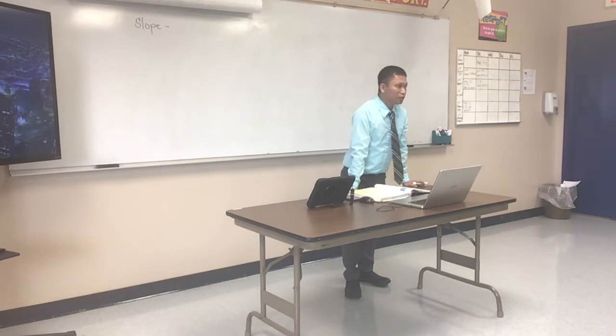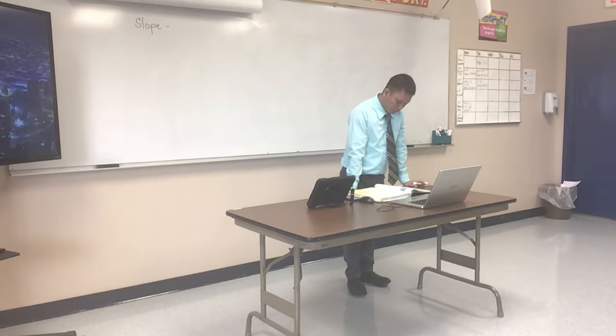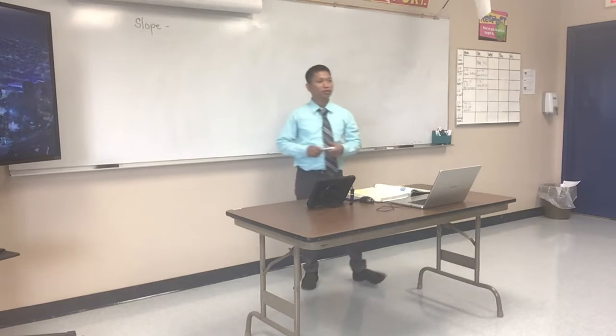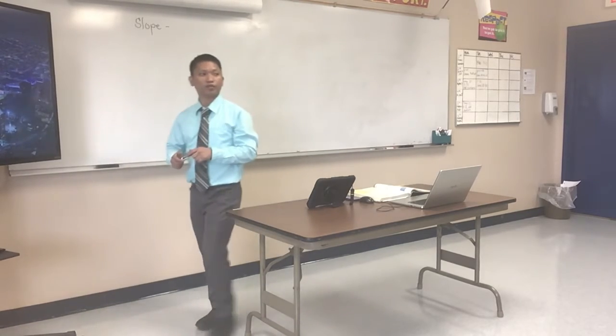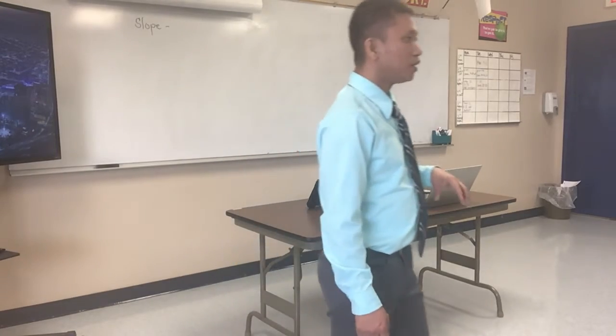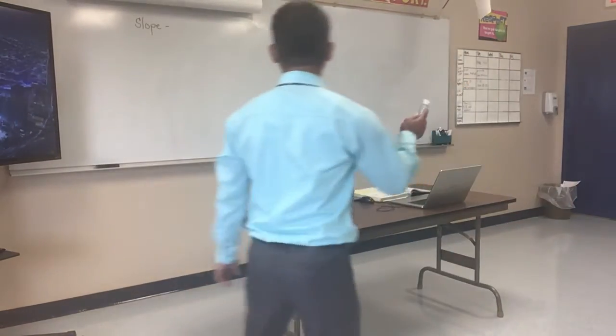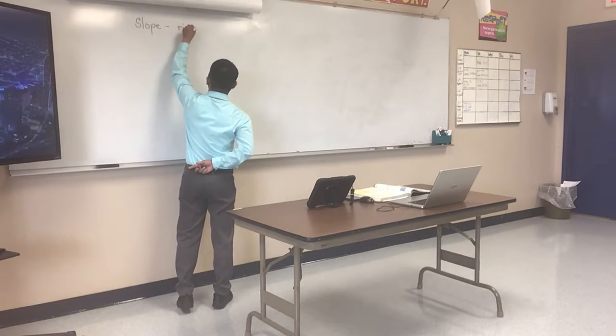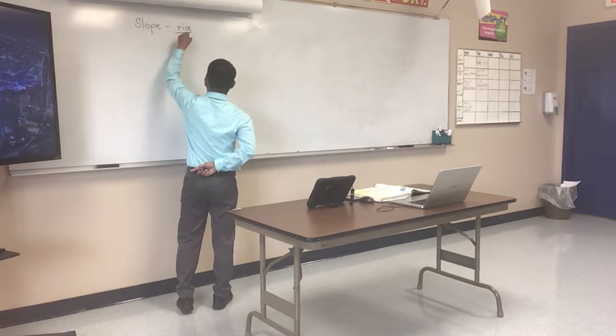Okay, so when we say slope, we are talking about a non-vertical line, that is the ratio of the vertical change to the horizontal change between 2 points. So we have the rise over run.